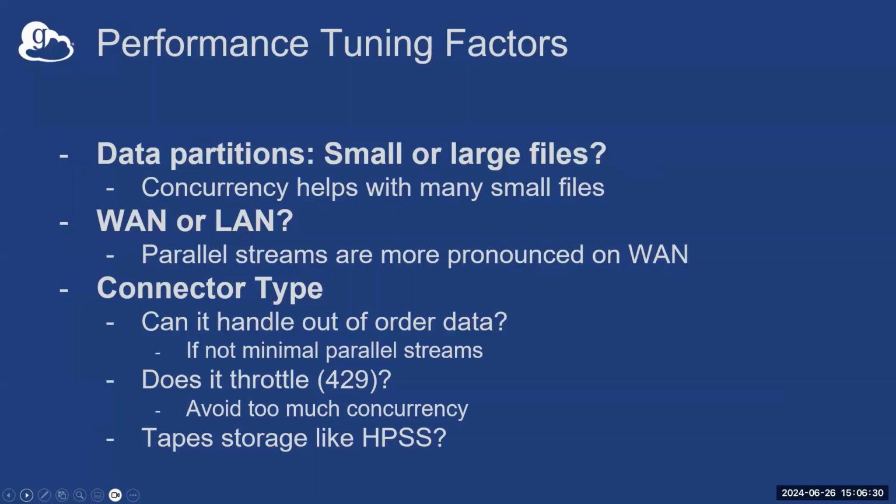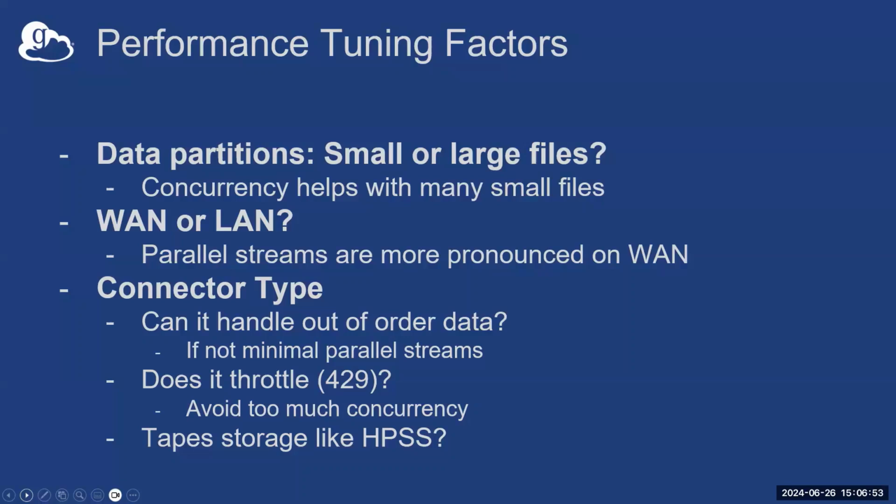A really important thing to consider is the type of connector that you're using. So if the storage system you're backing is just a POSIX regular file system or HPSS or S3 or Google Drive, there's all different characteristics for each one of those, and you want to think about those things. So, for example, can it handle out of order data?